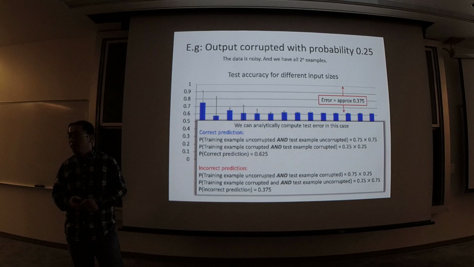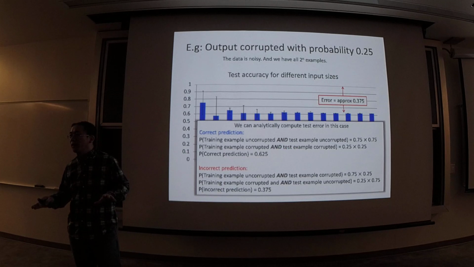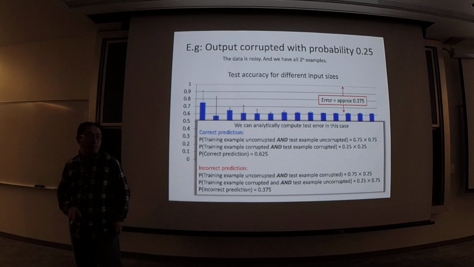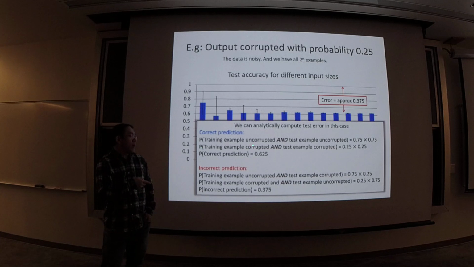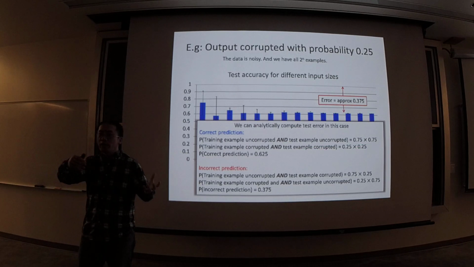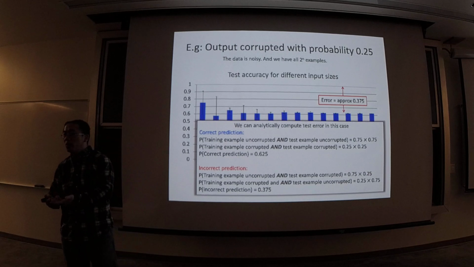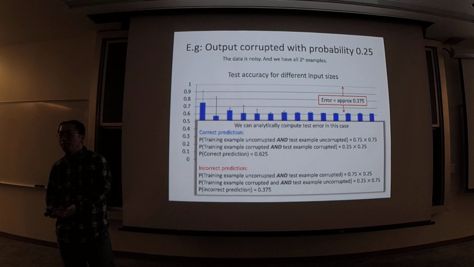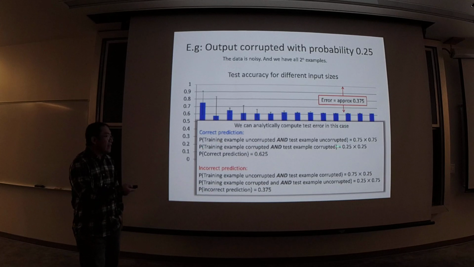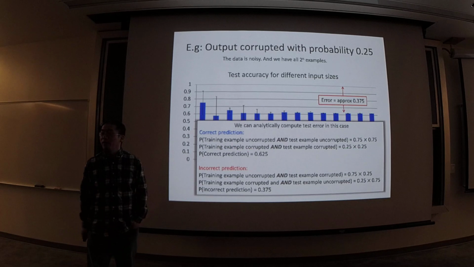Another case is that both the test and the training labels are flipped. When your training example is corrupted and the test example is corrupted, that means your training label and test label are still the same. Then during the training, you perfectly fit the training example. When you use that for prediction, you actually recover the same label, right? So what's the chance for that case? 0.25 multiplied by 0.25, right?